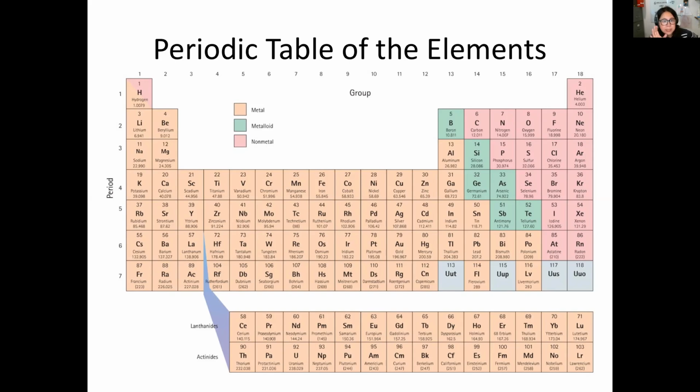But this is the average. That means that most of the carbon has 12 neutrons and protons combined. Some of the carbon may have more than 6 neutrons. Some carbons come with 7 neutrons or 8 neutrons. That's why it's more than 12. So what it means by 12.011, we know that carbon has 6 protons, right?